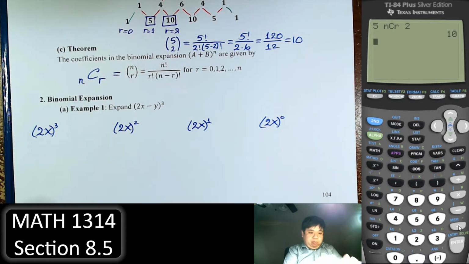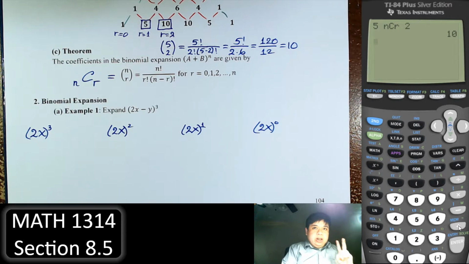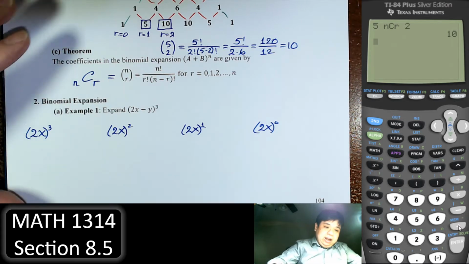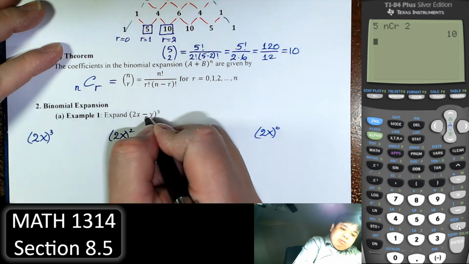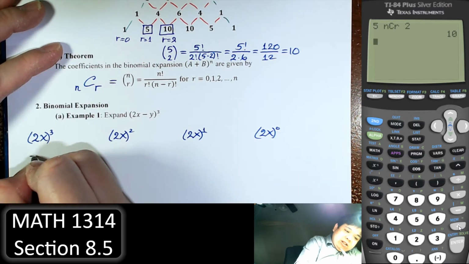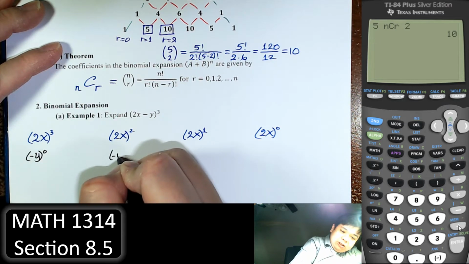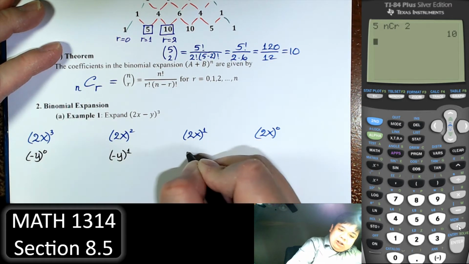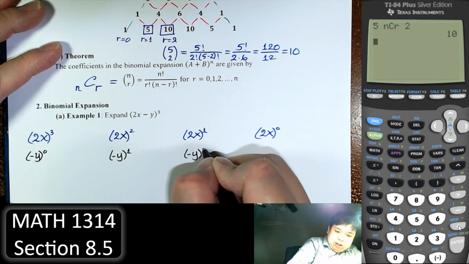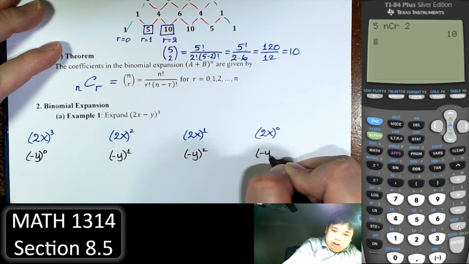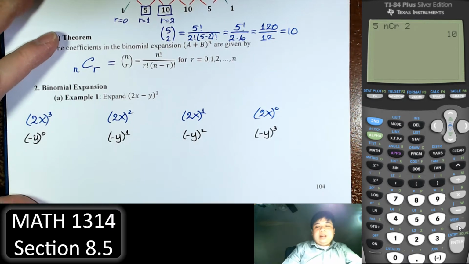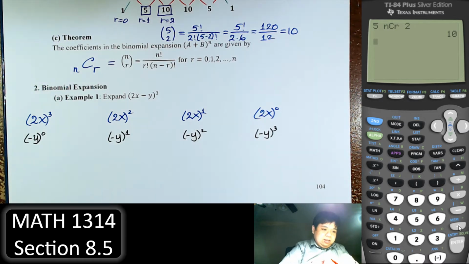First term decreasing. It's a binomial, so we are going to have two terms. The second term is negative y. Take the sign with it, from 0, 1, 2, and 3. And then the coefficient.